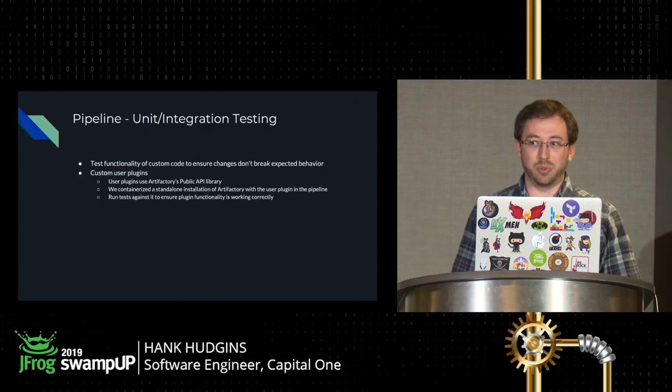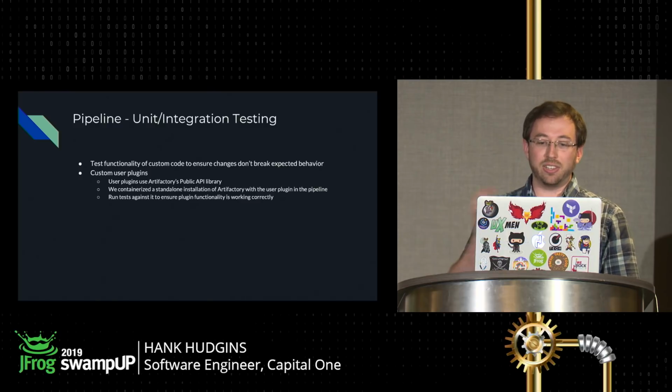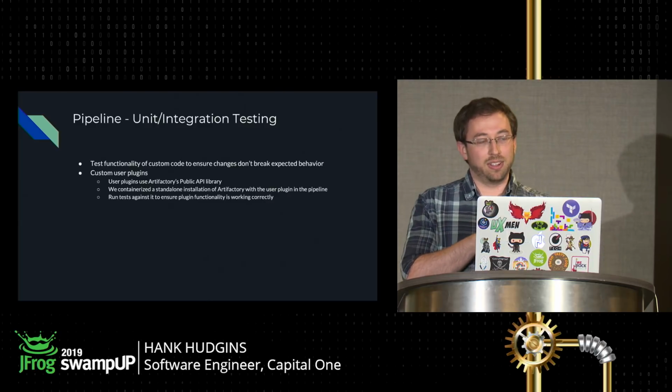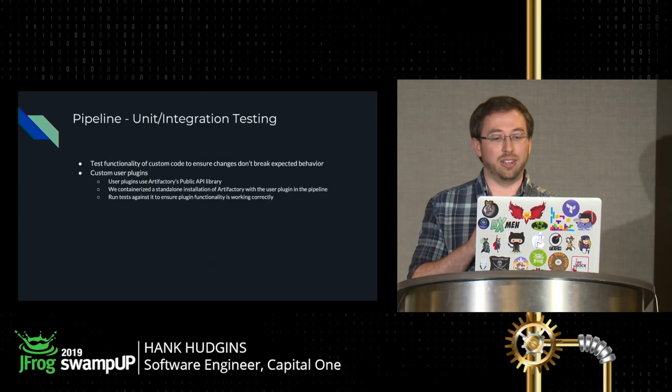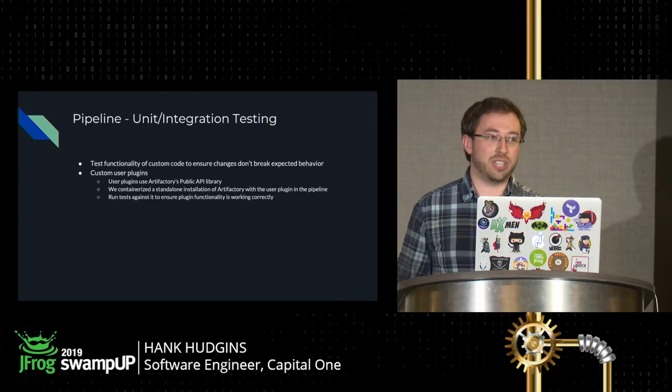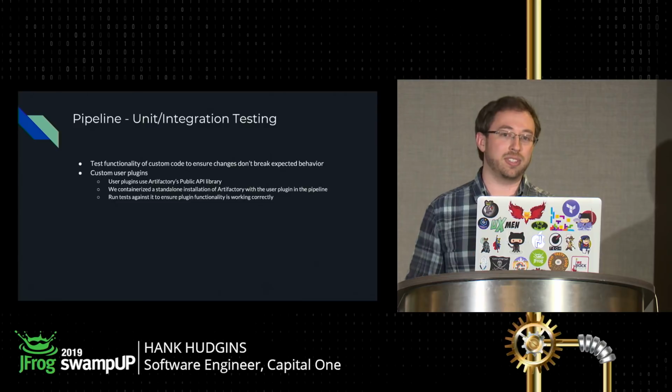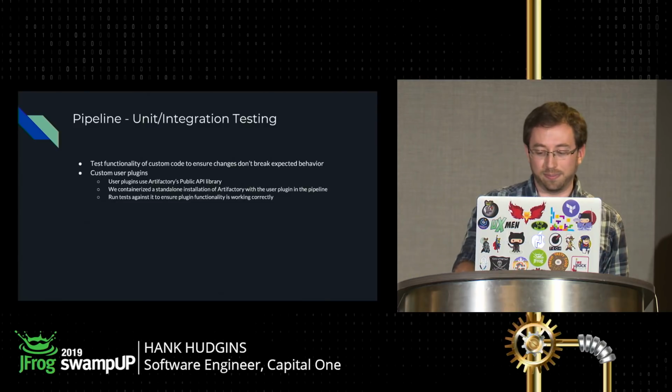But what we did was we basically containerized an installation of Artifactory and just inject our user plugin into that container, and then we run tests against it. So it's testing the functionality of the user plugin without actually integrating it into our environments as a part of our pipeline.